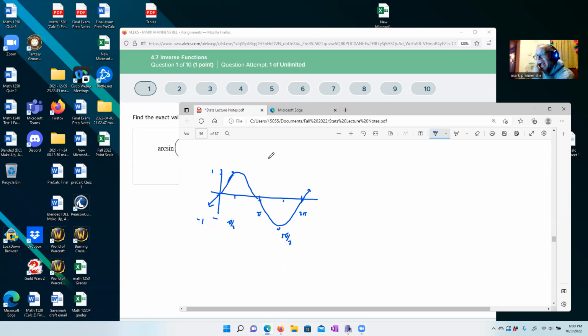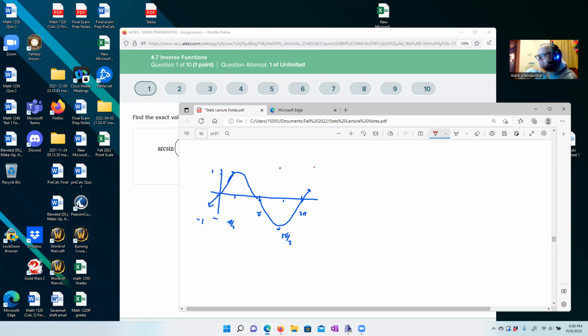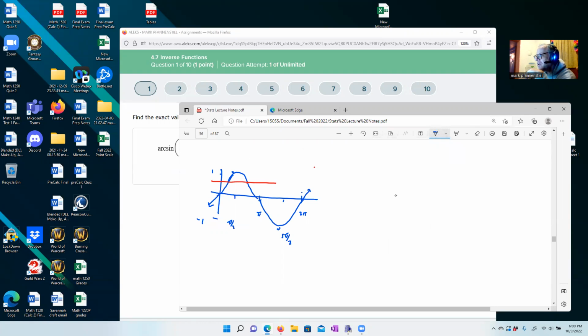So the first thing I'm going to ask you is, does the sine function have an inverse function? Well, it fails the horizontal line test, doesn't it? So no, it does not have an inverse function. But what if we restricted the domain between pi over 2 and negative pi over 2?